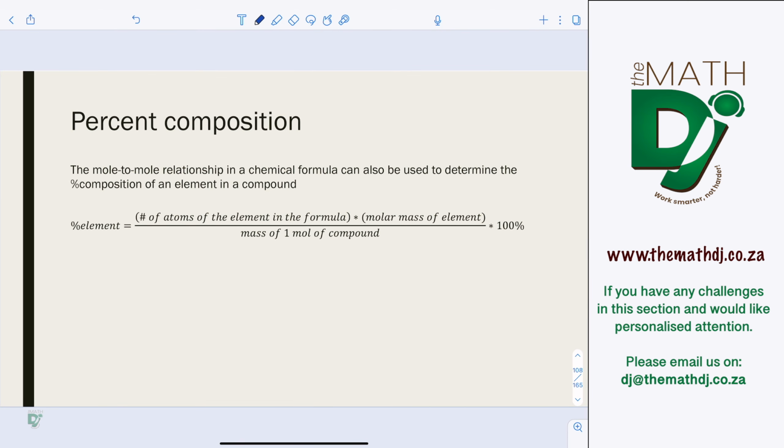We can use it for percentage composition. The mole-to-mole relationship in a chemical formula can also be used to determine the percentage composition of an element in a compound. Let's say the compound we previously looked at.